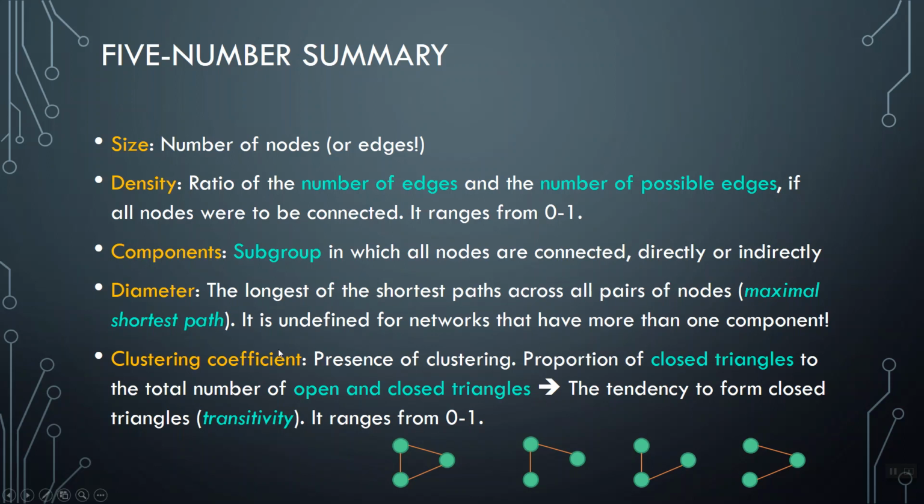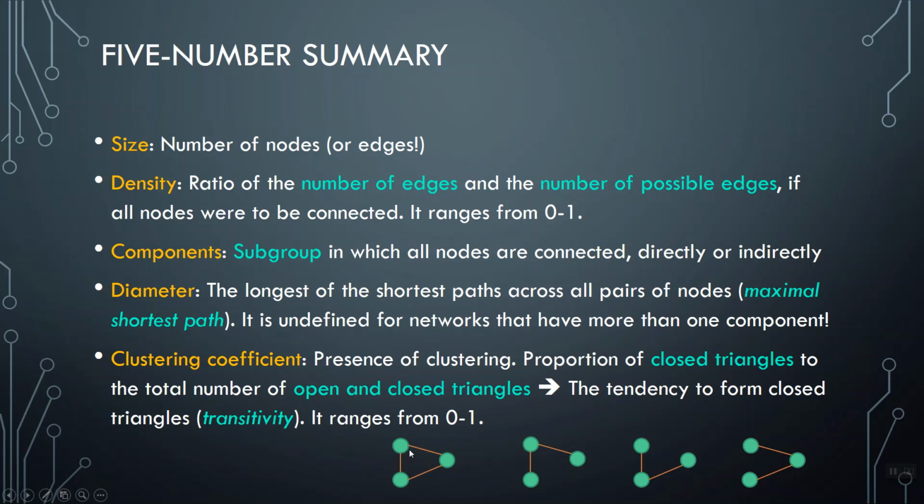And then we have the clustering coefficient, which is basically: are there clusters in your network or not? It goes from 0 to 1, and a synonym of that is transitivity. There are different ways of measuring clustering; this one is a proportion of closed triangles and open triangles.